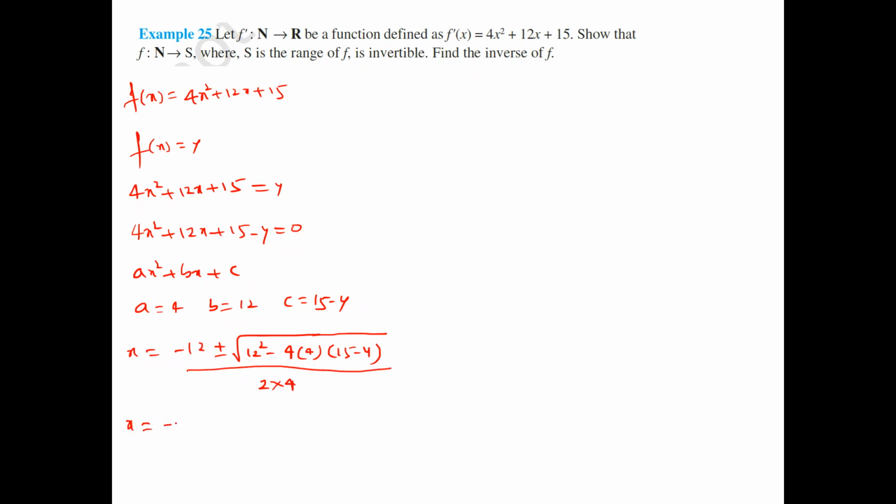Now x equal to minus 12 plus or minus root of 12 square, which is 144, and 4 into 4 is 16, 16 into 15, sorry, so 240, minus into minus plus 16y, divided by 8.